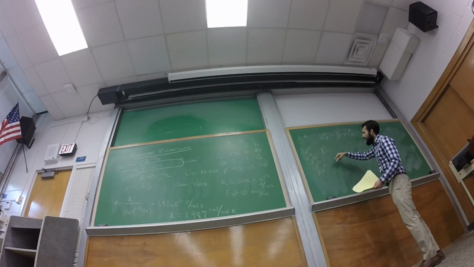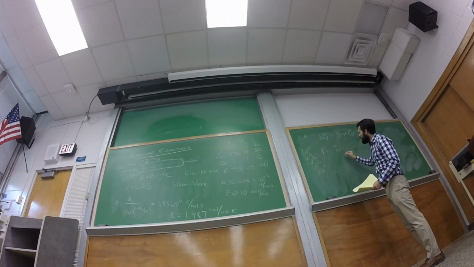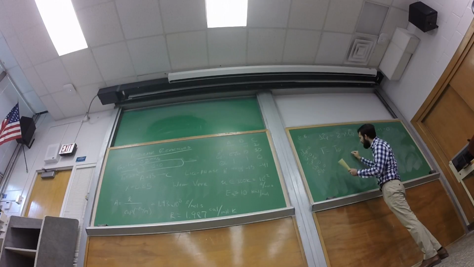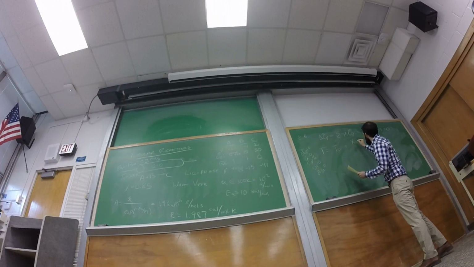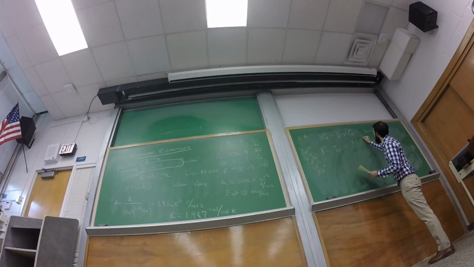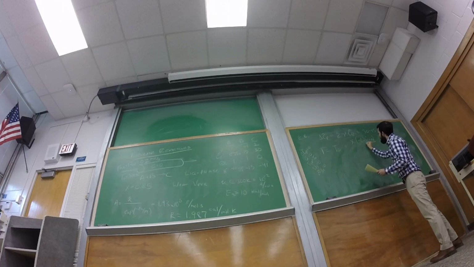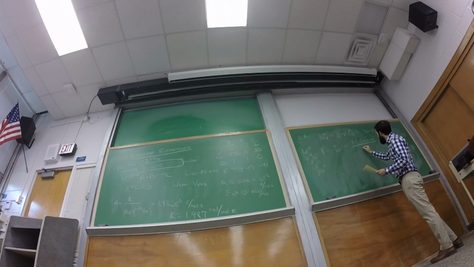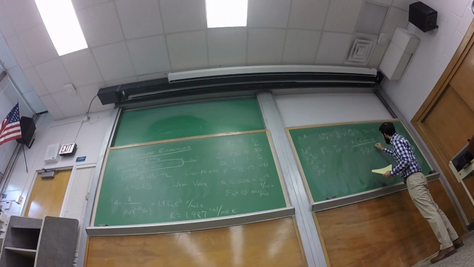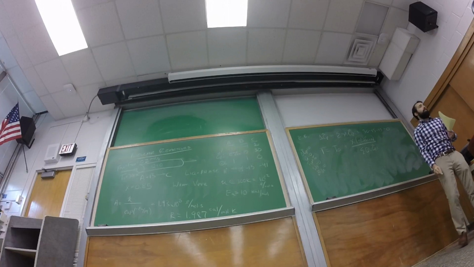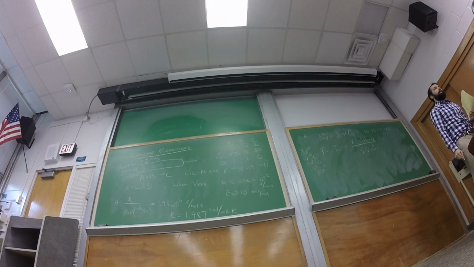Okay, with all of that in mind, you get that the temperature is equal to the inlet temperature plus conversion times negative delta H reaction divided by the sum of the stoichiometric coefficients times the specific heats of the individual species.